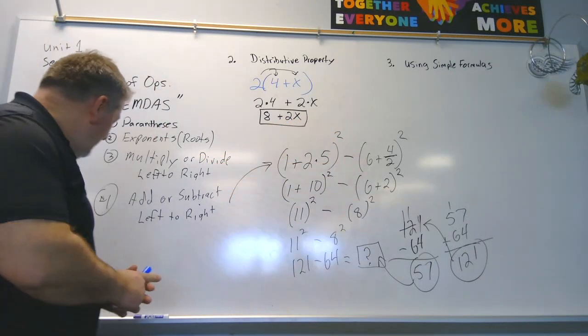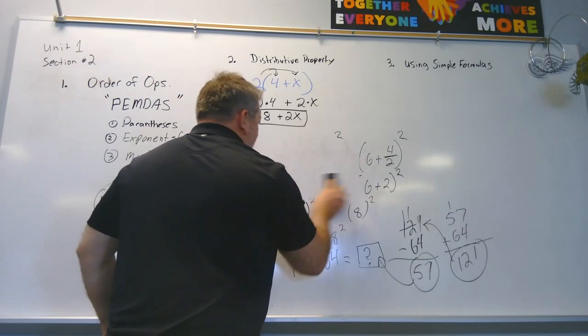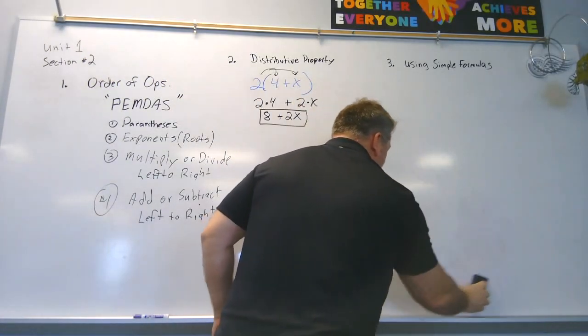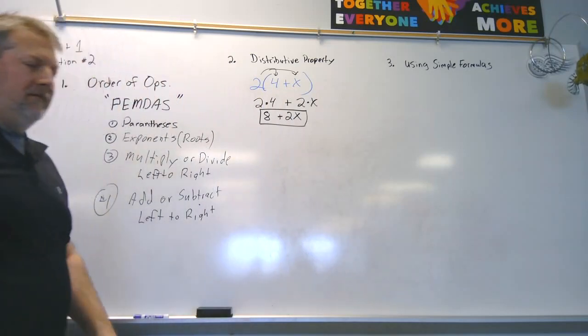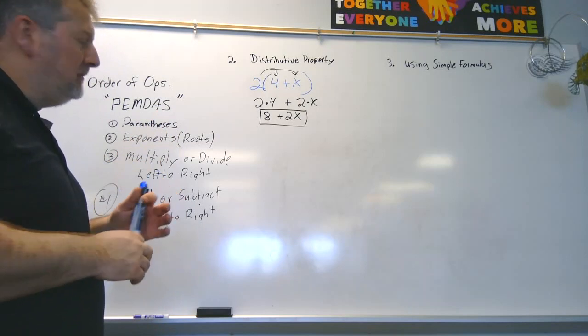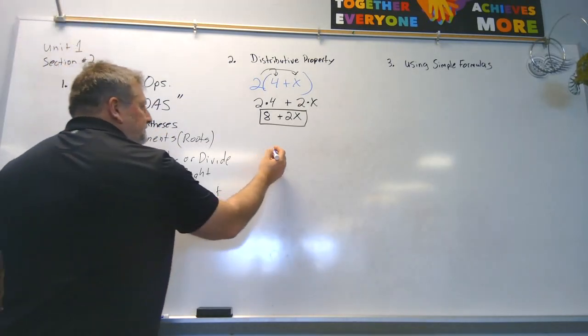I'm going to erase this problem now, so hopefully you have copied it down. Missed it, just go back, rewind it, watch it again, freeze it, and you can bring it right back up. All right, some more examples of distributive property.